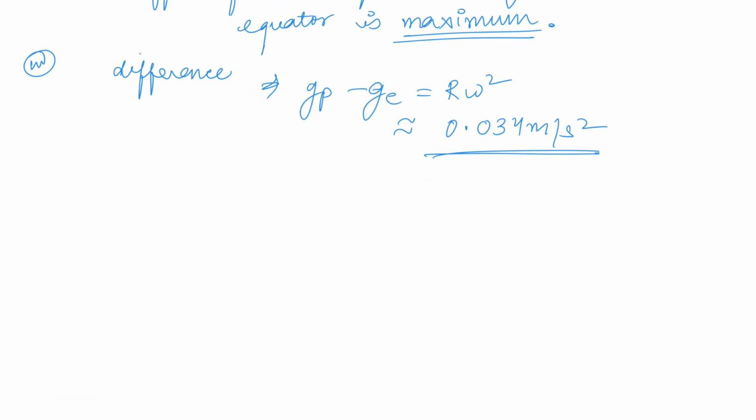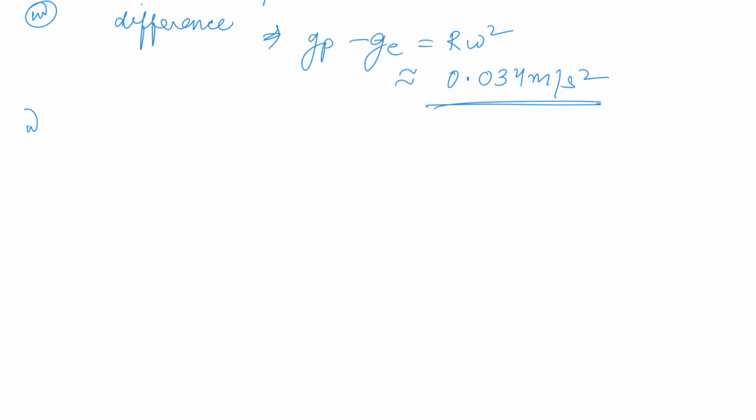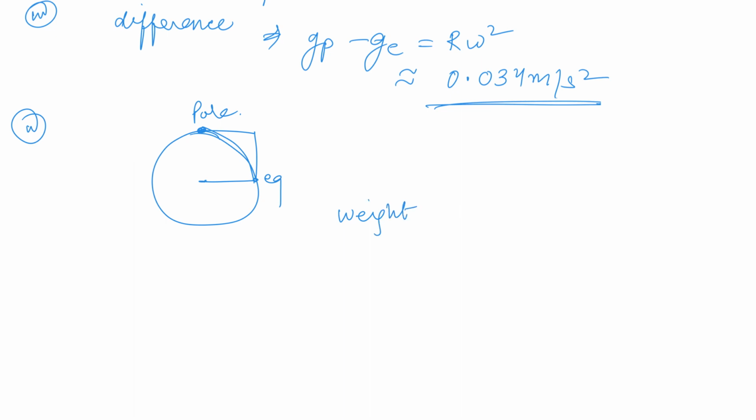Next point is, when a body of mass m is moved from equator to poles, that is, a body is moved from here to the poles, then the increase in weight will be m times gp minus ge, and this will be m omega square r, the weight increase.